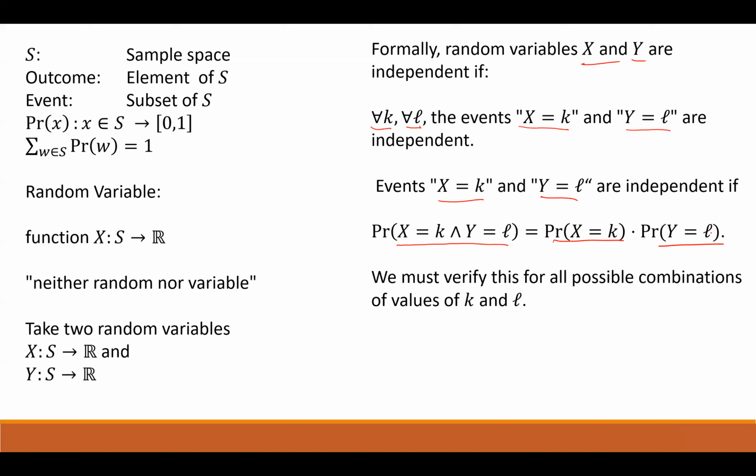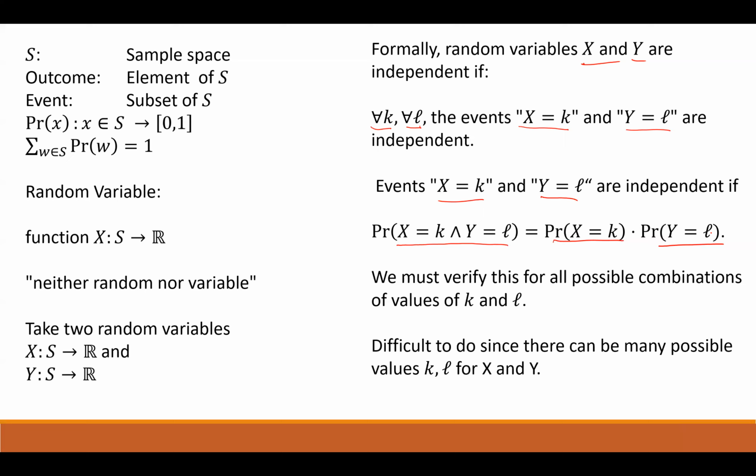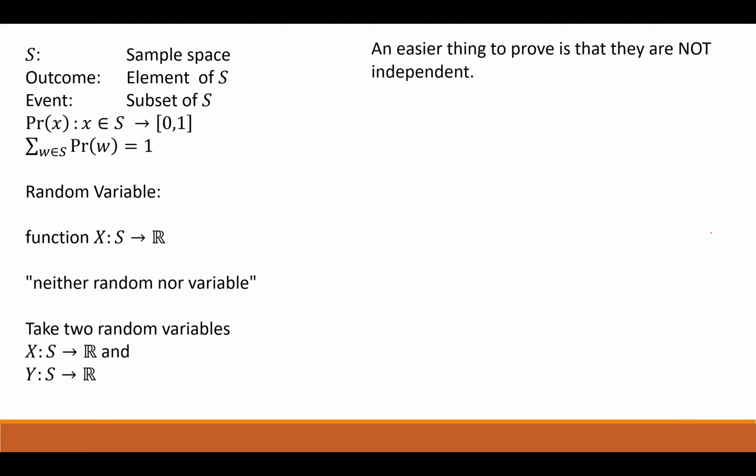All possible non-empty values. Right, so this is kind of a pain because there can possibly be many values for k and L. So it's often easier to prove that they're not independent, because to prove they're not independent, I just need one value for each of them.